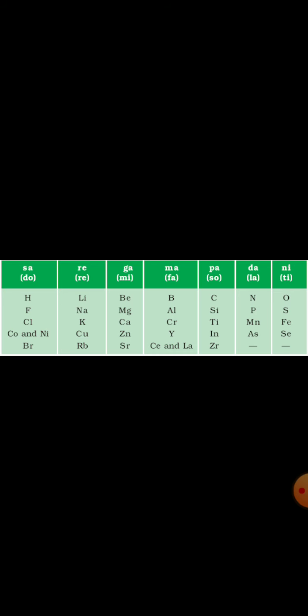If it is asked in the exam to write examples of Newland's octave, you can write that lithium and sodium have similar properties, then beryllium and magnesium have the same properties, and it worked properly till the element calcium. Afterwards it was irrelevant. So this is all about Newland's law of octaves.